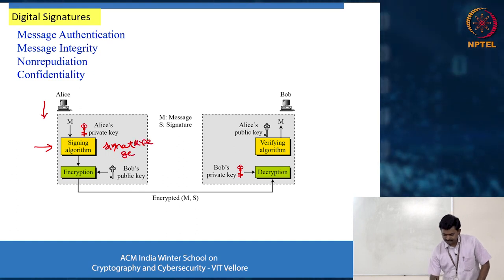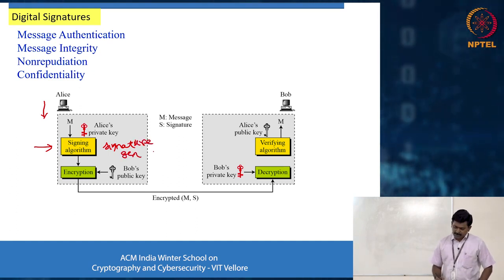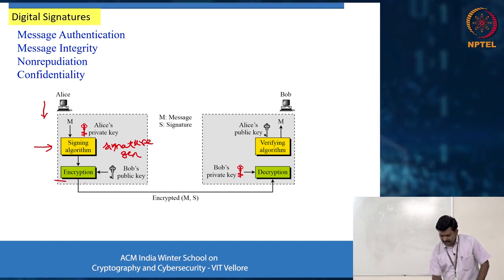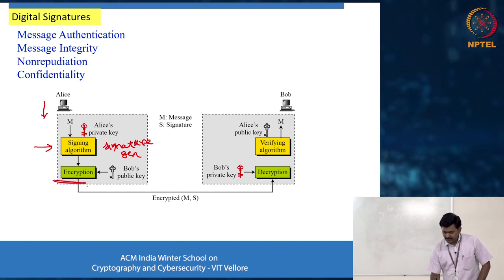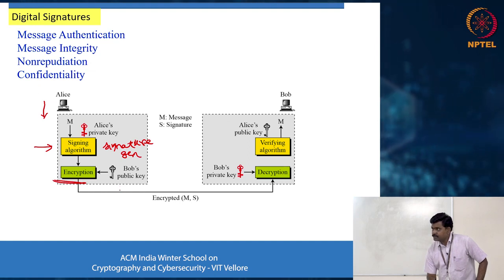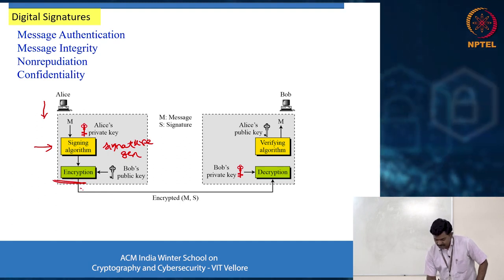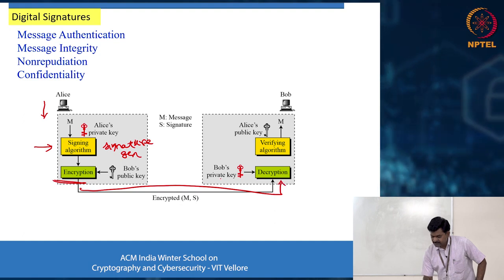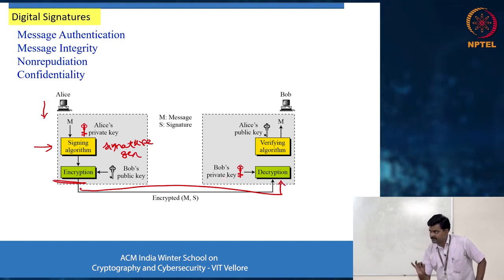Once the signature is generated, it would be encrypted with whose public key? Bob's. Who is Bob? The receiver. Encrypting with the receiver's public key ensures what? Confidentiality, right? So you send it, and decryption happens with Bob's private key, so you are achieving confidentiality.